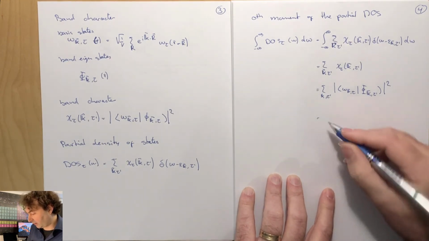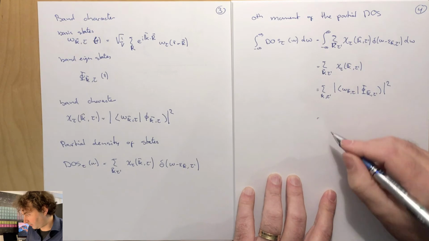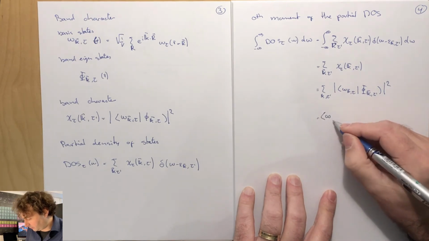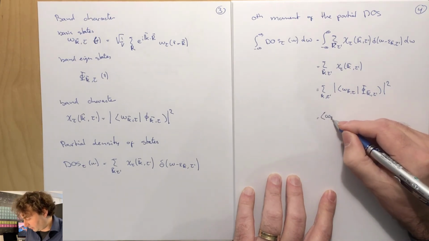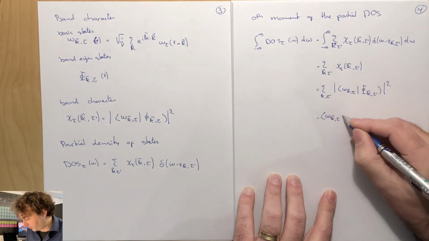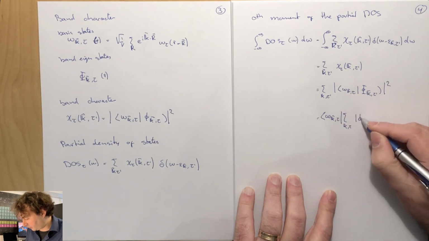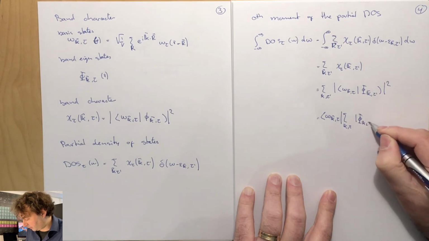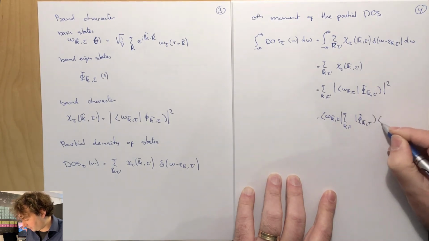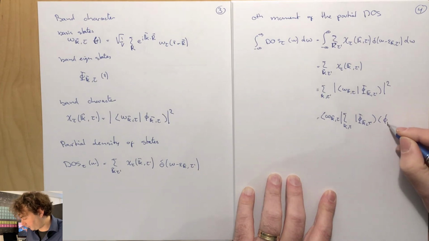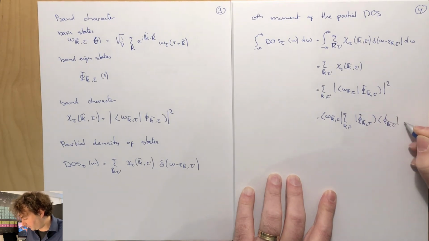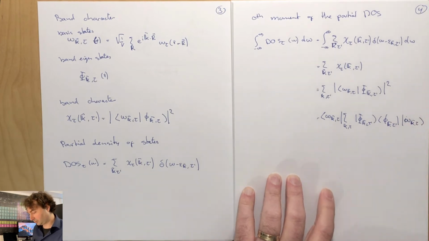Well, we can write out this norm squared, where we have our wave function k tau, and then a sum over all crystal momenta and tau, phi k tau prime, phi k tau prime, and our wave function to which we projected omega k tau.